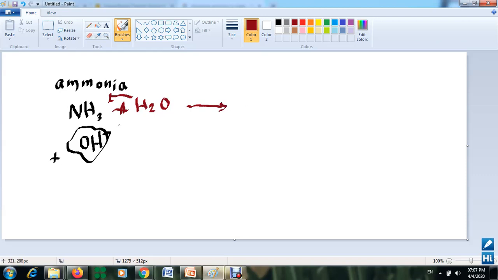When NH3 takes the hydrogen from water, instead of NH3 it will be NH4 positive. Now the water, when ammonia took the hydrogen, instead of water it will be OH, the hydroxide ion, negative charge. So this is how some bases, even without hydroxide, also increase the number of hydroxide ions in the sample that you have.